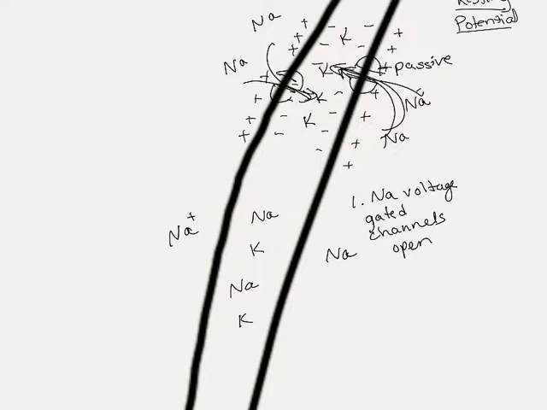So some sodium on the outside, some on the inside, tons of potassium still on the inside, and that switches the charge. So all of a sudden, now you've got a positive charge on the inside and a negative, comparatively, on the outside, okay?